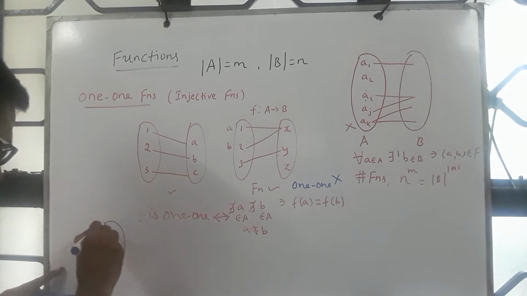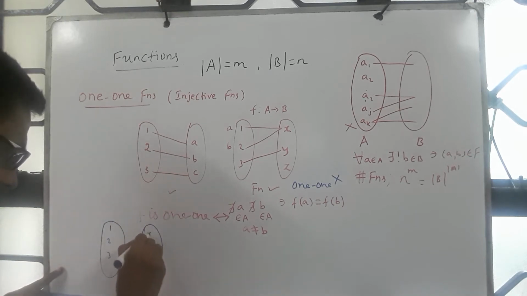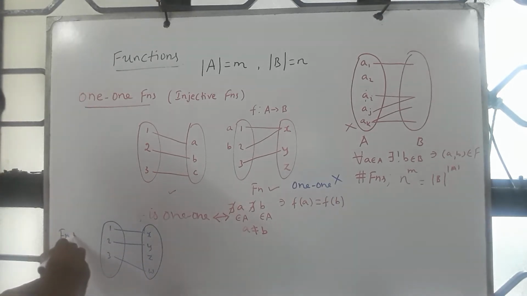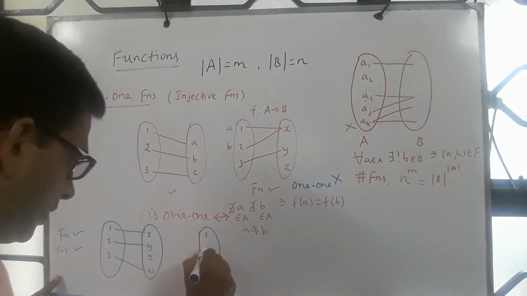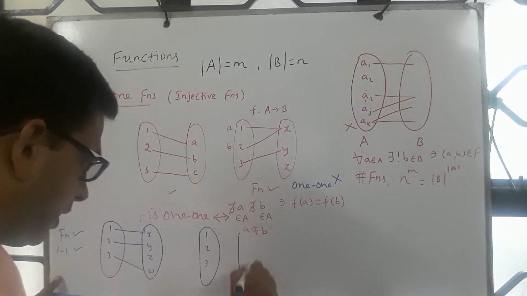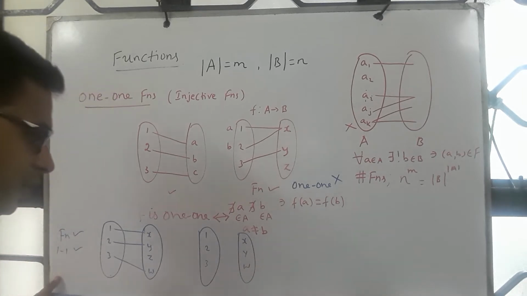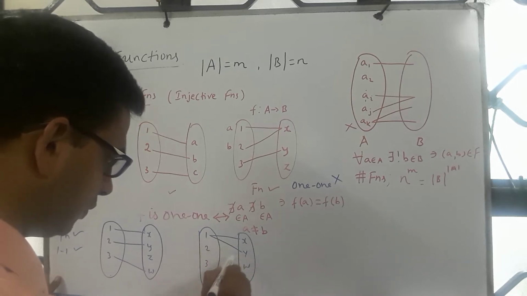If you take 1, 2, 3 on this side and x, y, w on this side, then 1 is mapped to x, 2 is mapped to this, 3 is mapped to this. So this one is a function, and it is also one-to-one. Now you have 1, 2, 3 and x, y, w, and let me map 1 to these two and 2 and 3 to this.